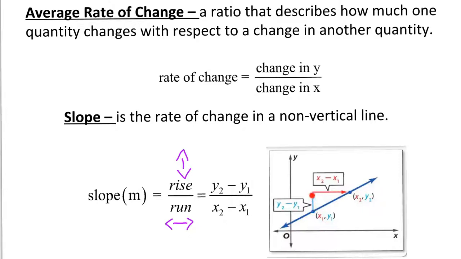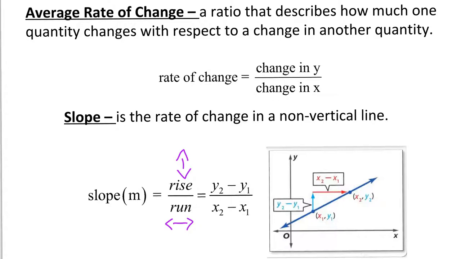If you go up, your value of rise is positive, and when you go to the right, it's positive. If you go down, it's negative, and if you go to the left, it's negative. But usually, when we start using rise over run, we always go to the right.